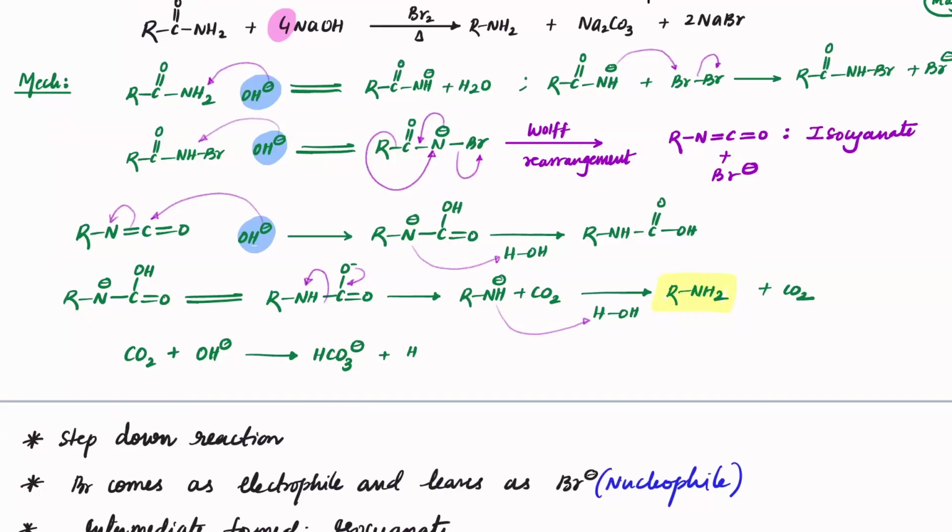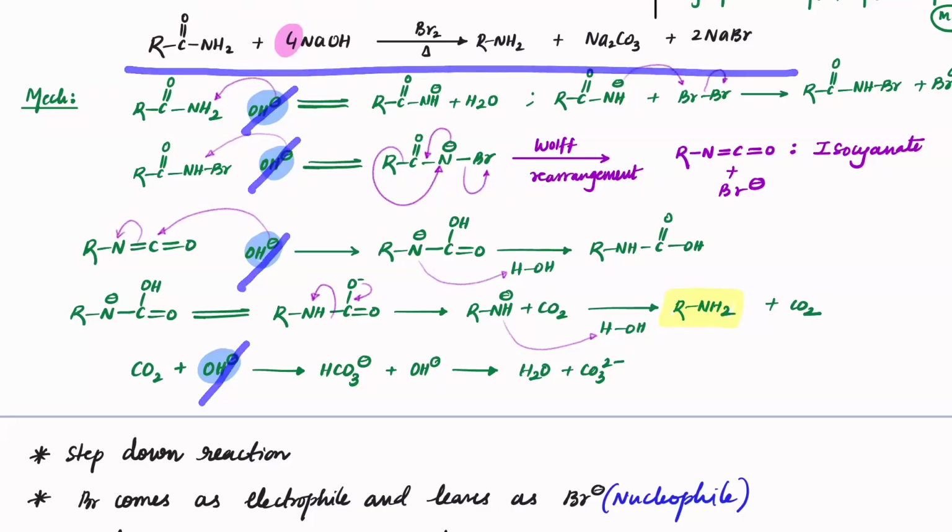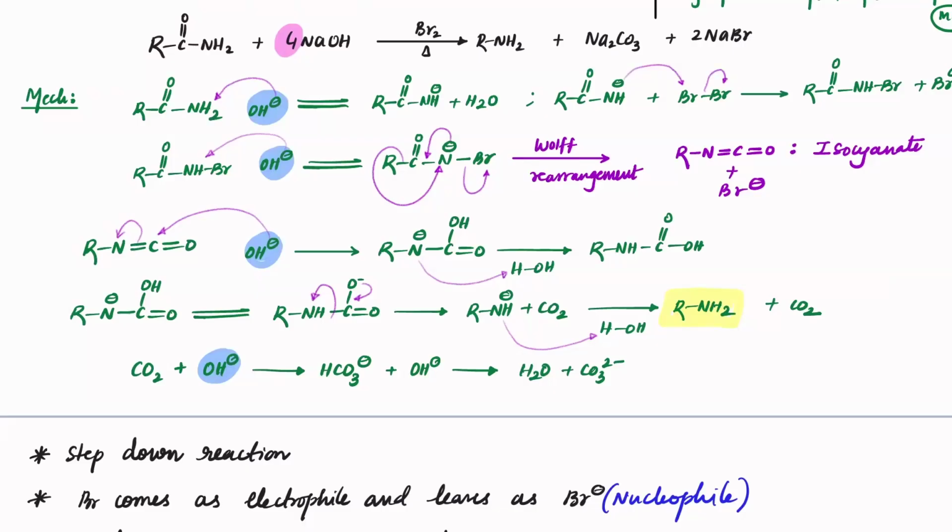That same OH minus can be taken again to take one more H plus to finally convert into H2O and CO3 2 minus. So in total, we have taken these four OH groups here. Check properly, this OH is not the one which you have used, that was generated through water. So ideally, we took 4 moles of it. That's why in the reaction, you can see there are 4 moles of NaOH used.